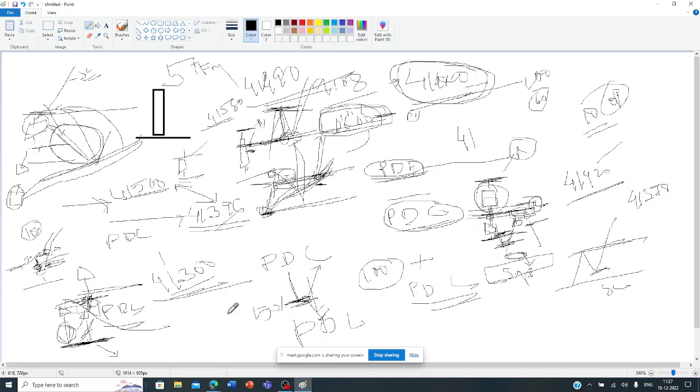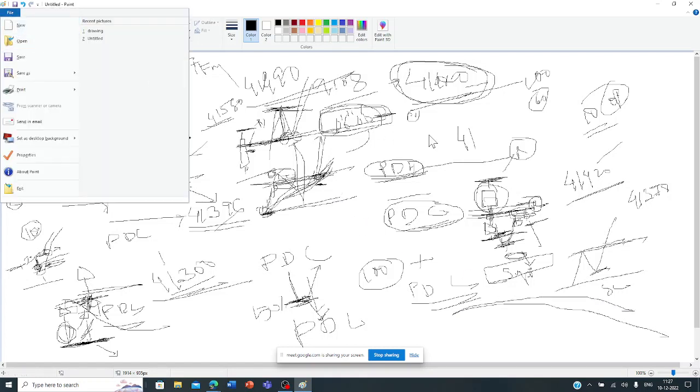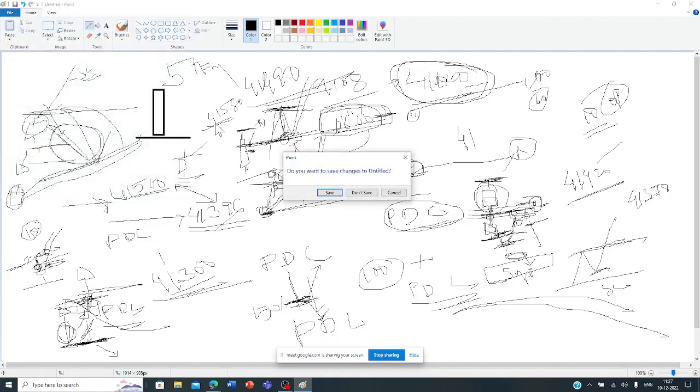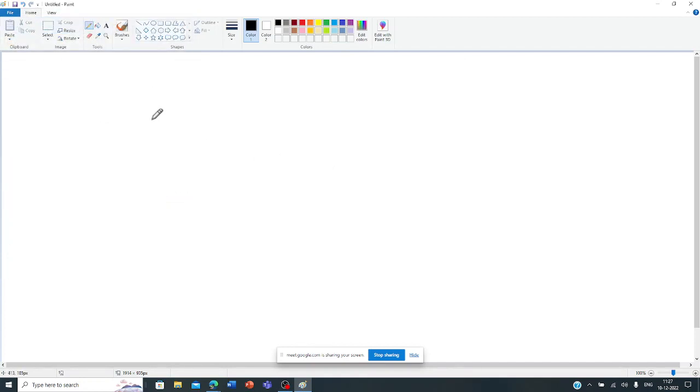Okay. So if your price is like this, if your EMA slope is like this, sorry, I'll take a new one. So suppose your EMA is like this, and this is your PDL.